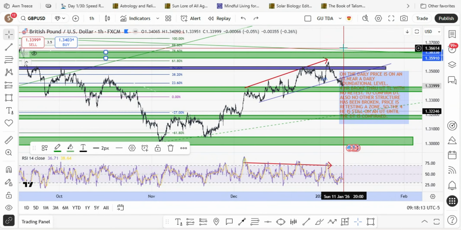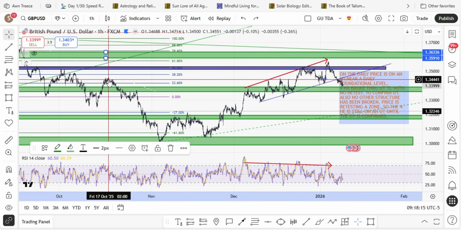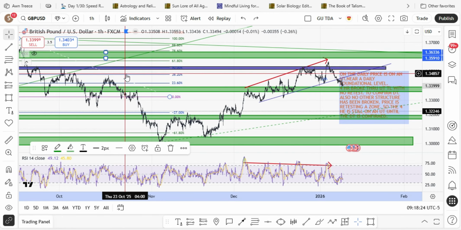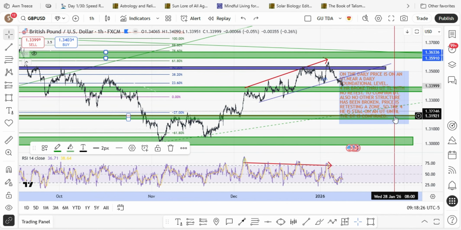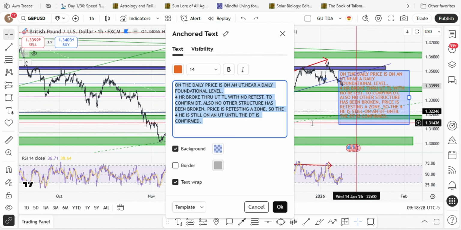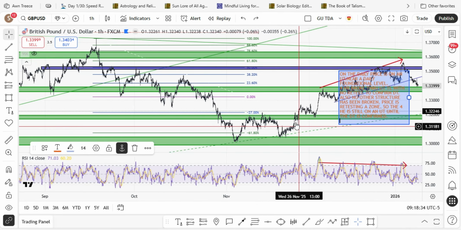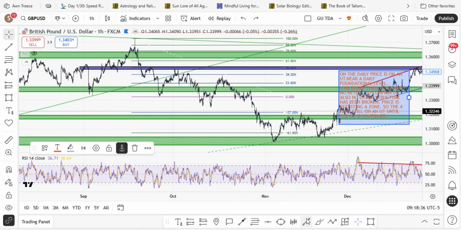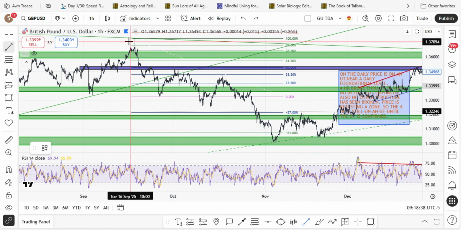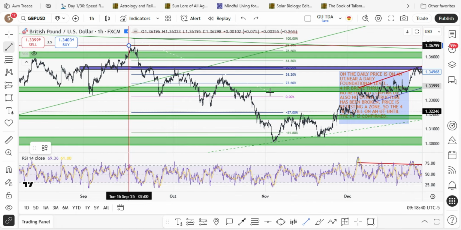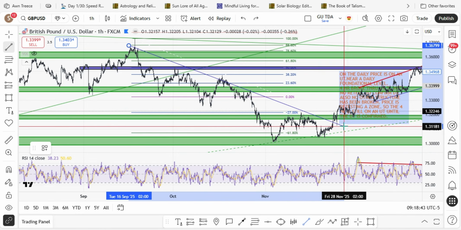Okay. So Bryce did take out this area right here, making the 1 hour an uptrend. I'm sure there's a trend line, probably here.